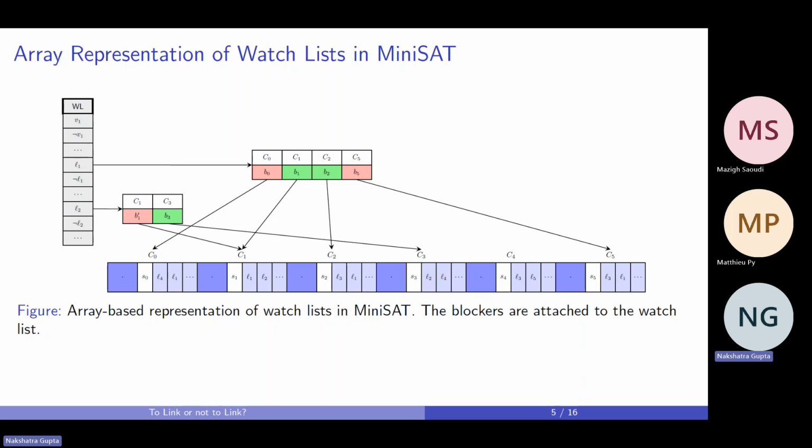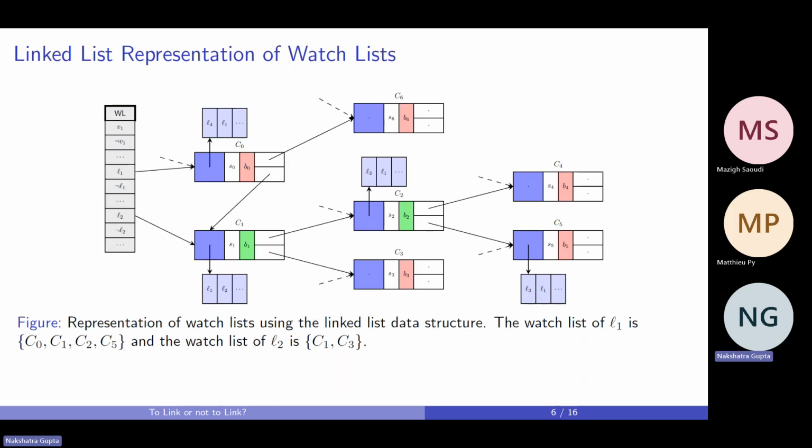But what if we could do better and simpler? It's actually not very simple. But basically, the idea is, okay, well, each clause is in two watch lists, exactly, modulo some intermediate states. So how about we just put it in two linked lists, right? It makes sense.